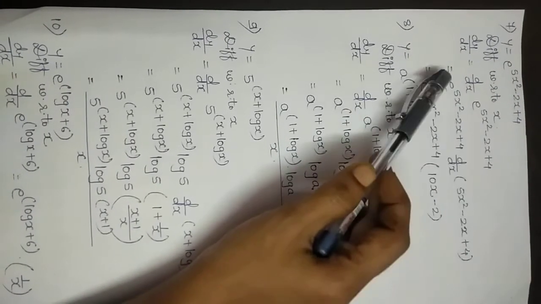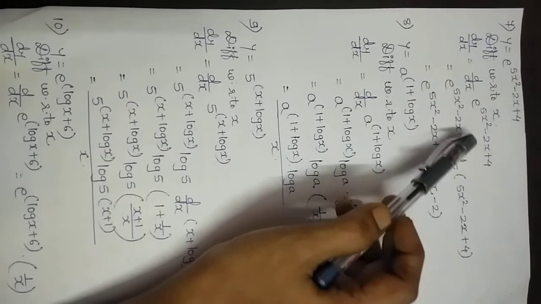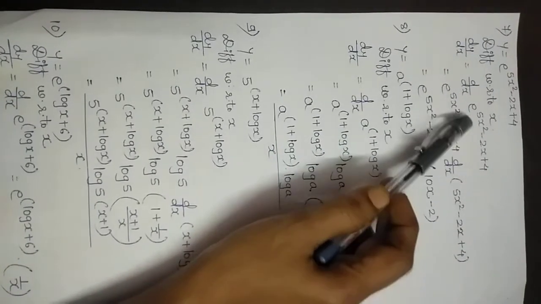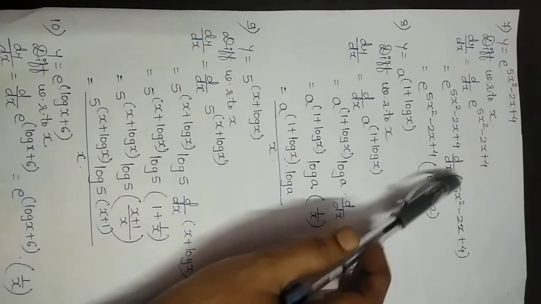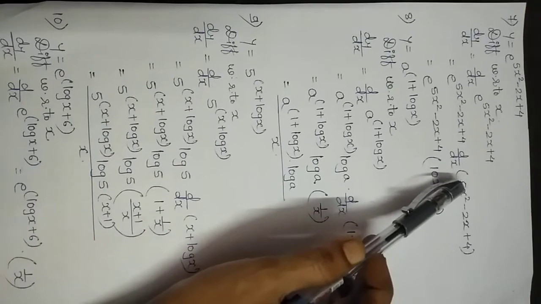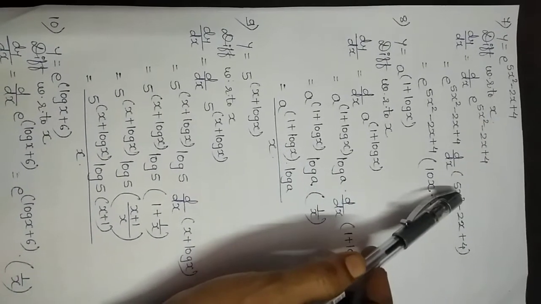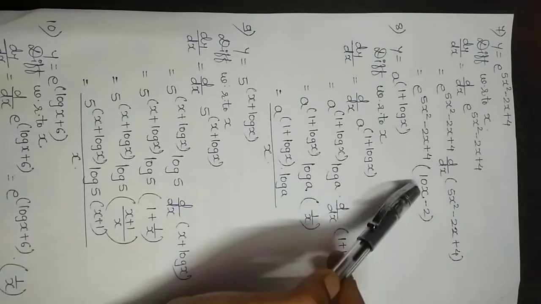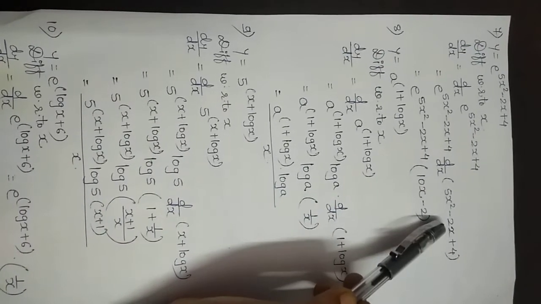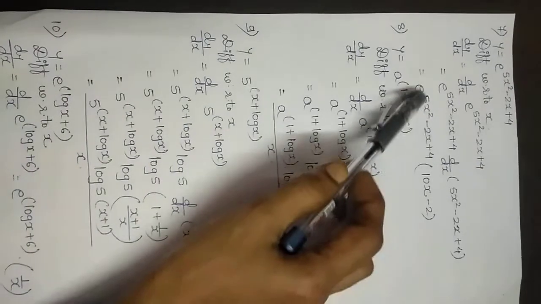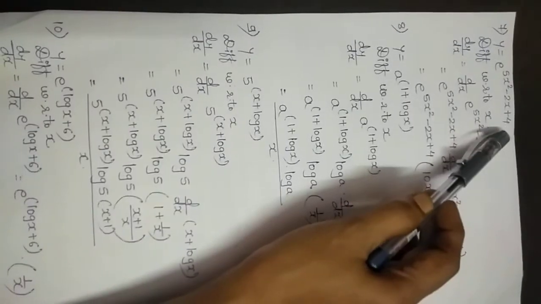So this entire term will be as it is, and the term which we have considered as x, again the derivative of that term. Here I am directly writing the answer. The answer will be 5 into 2x, that is 10x, minus 2 into 1, that is 2. So this will be the derivative of the given term.